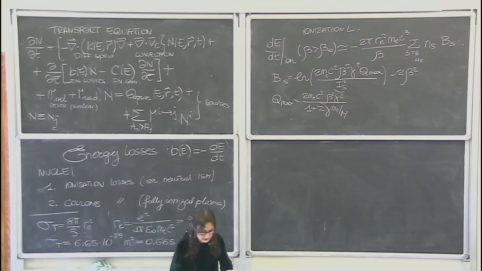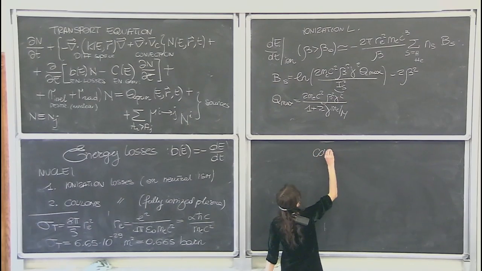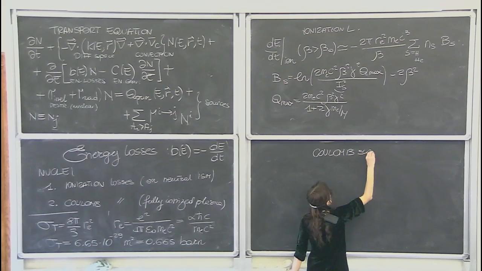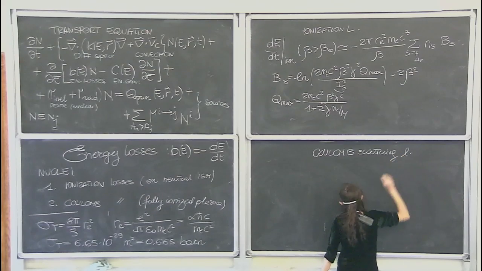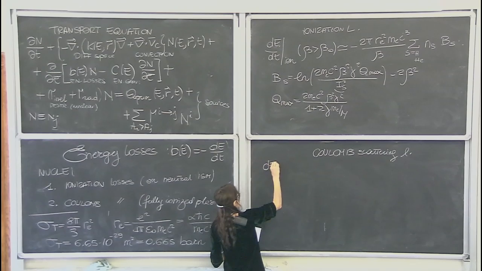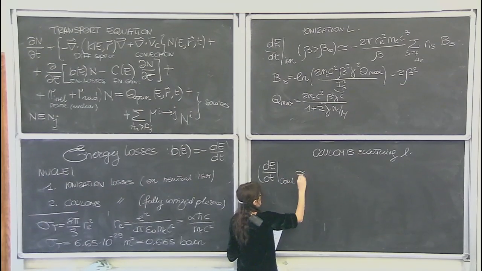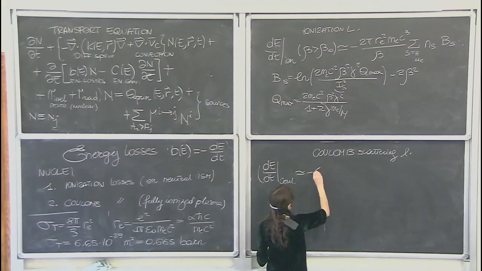Then we have energy losses due to Coulomb scattering. And in this case, I think you did at some point also in your previous studies anyway, I remind you what it is, the Coulomb scattering formula.